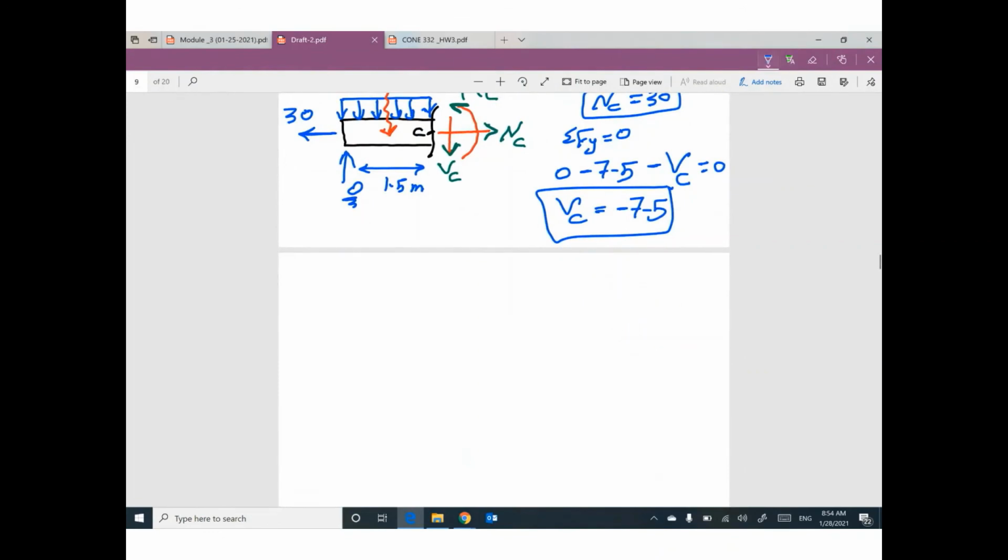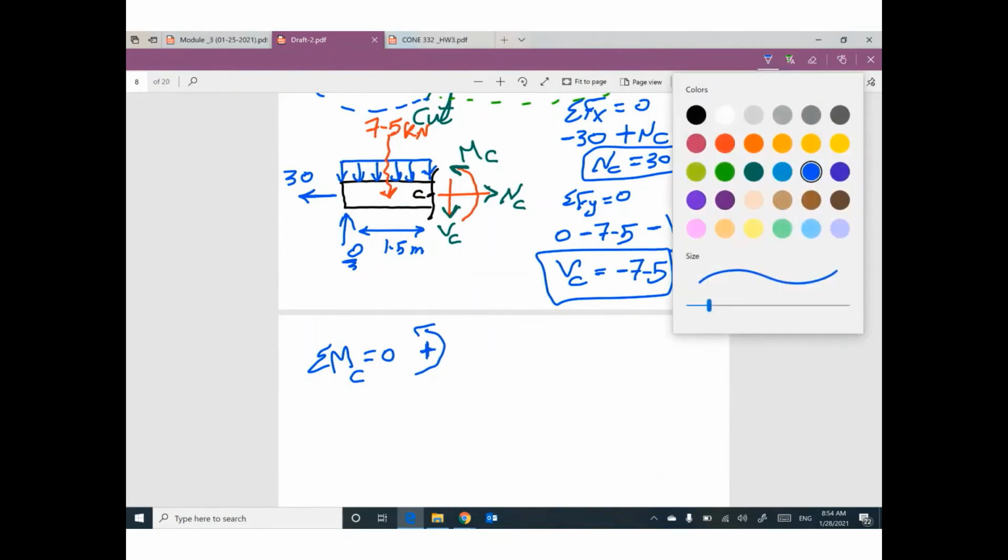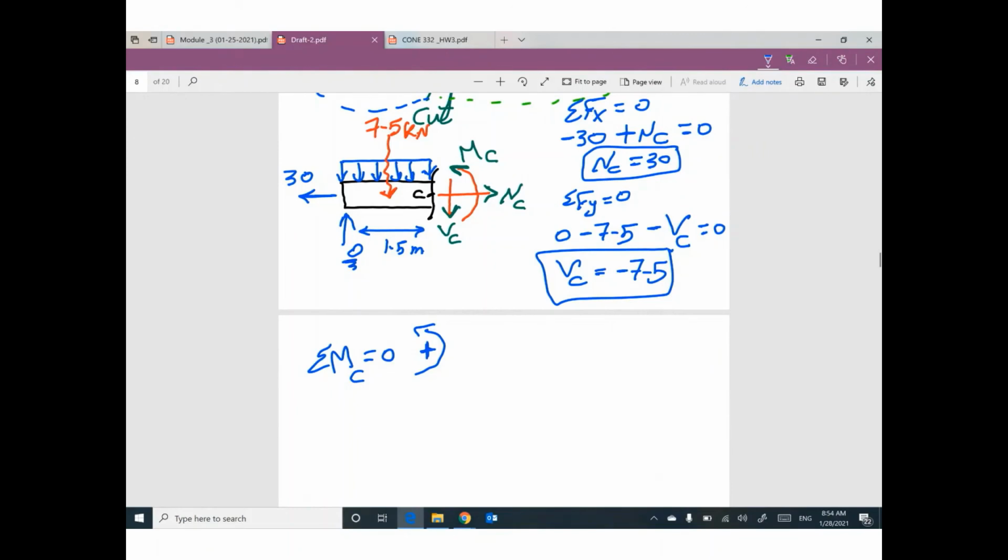I'm gonna take moment at any point equals 0. I will take moment at point C, at the cut. I'm gonna assume counterclockwise is my positive direction. You can assume what you want. So taking a moment at C, NC times 0, VC times 0, MC times what?